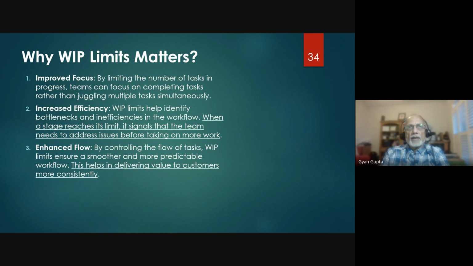If there's a bottleneck, then everything behind it will slow down. It's almost like having an accident on the interstate, right? Once you have an accident, everything gets backed up, right? It takes a long time to remove the bottleneck so the backup can be removed, right? And that costs time and money.